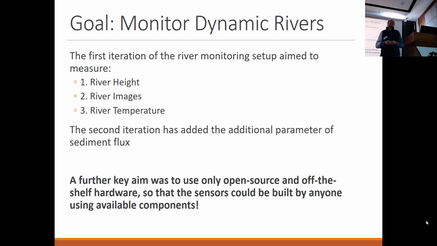And now that we've had these sensors up here for almost a year and they're all working quite well, we're adding the extra iteration to try to put something in the river and see how that goes. One of the things that we talked about a lot with the colleagues in the hydropower sector is that they want to know about sediment flux.